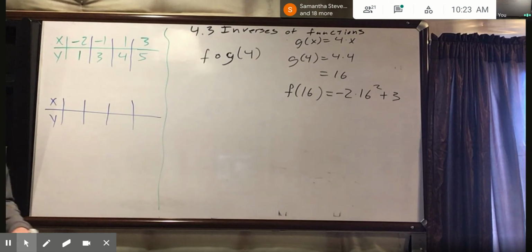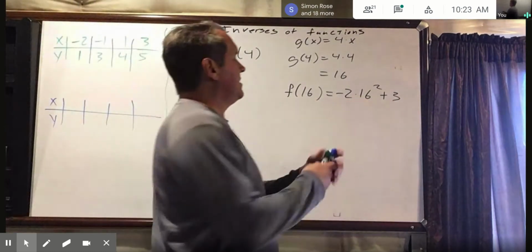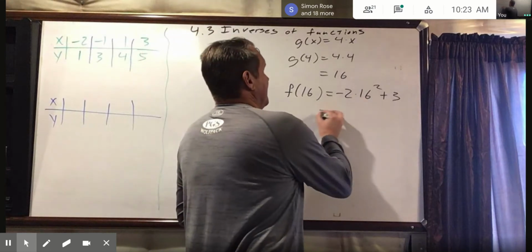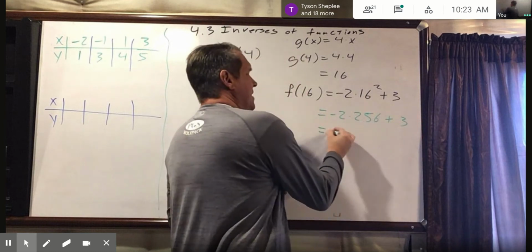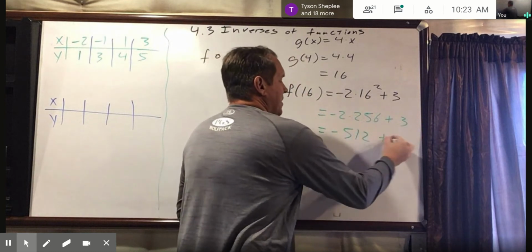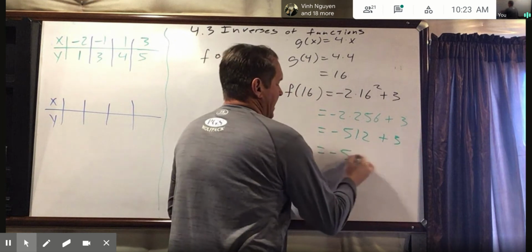All right. As I do this, I got 16 squared is 256. I got negative 2 times 256 plus 3. I got negative 512 plus 3, and ended up with negative 509.